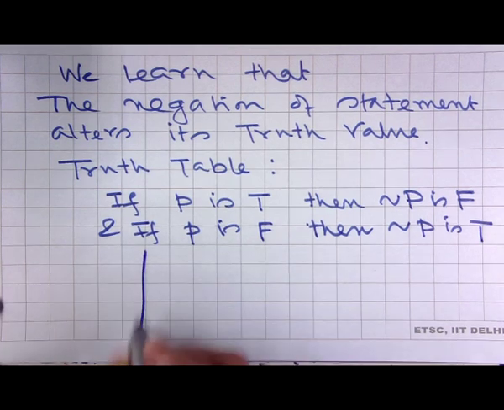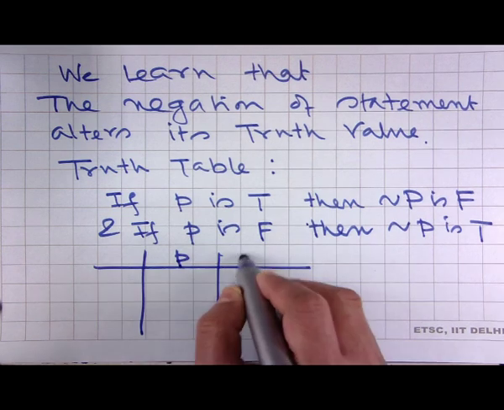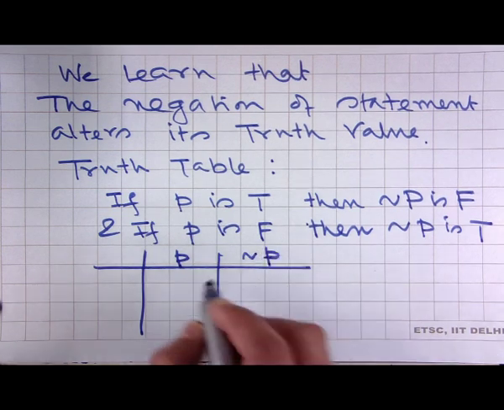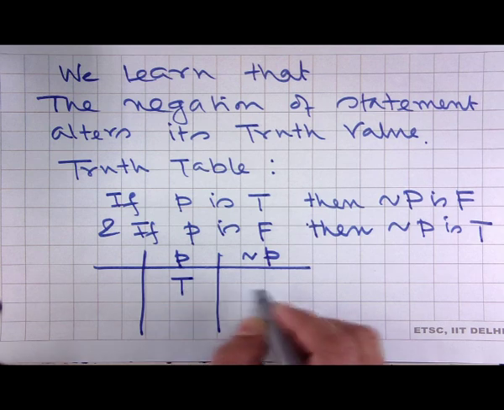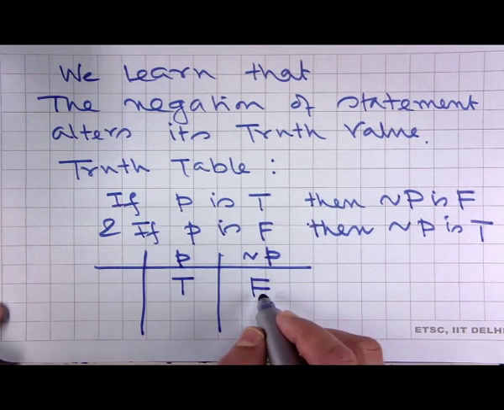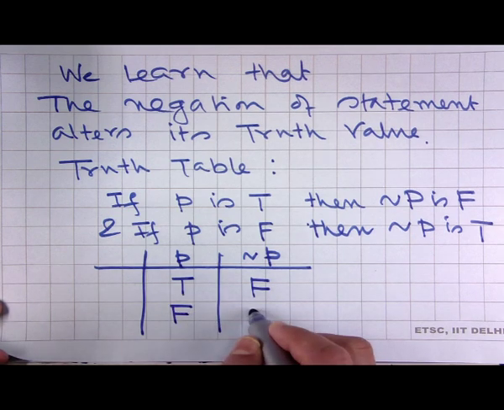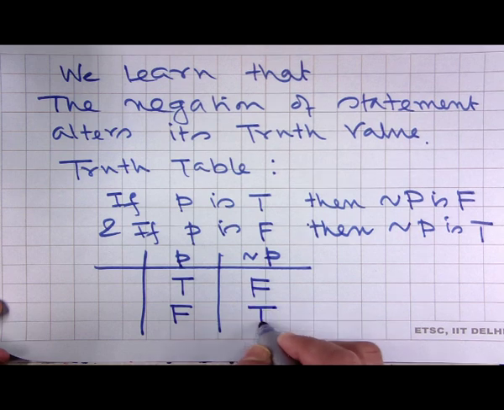Therefore, when P is true, negation of P is false. When P is false, negation of P is true.